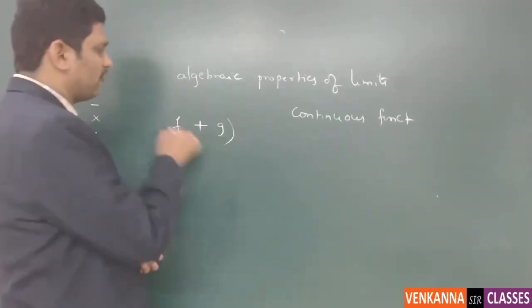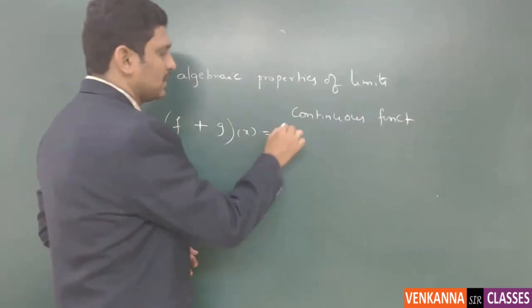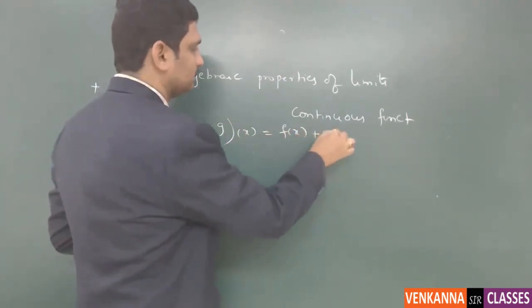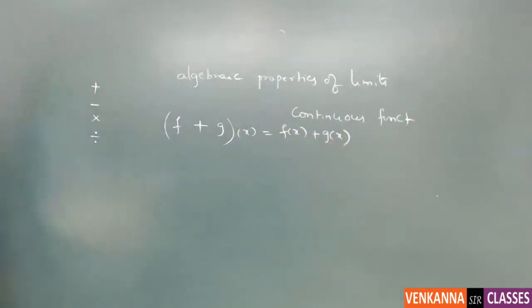And how do we define f plus g? f of x plus g of x. So the difference of functions is f minus g, f of x minus g of x. Is that clear? The property.